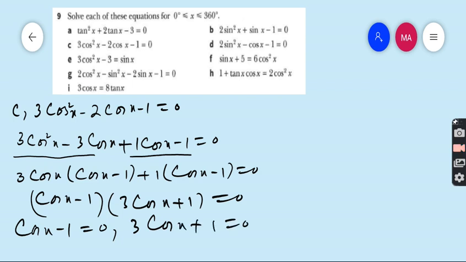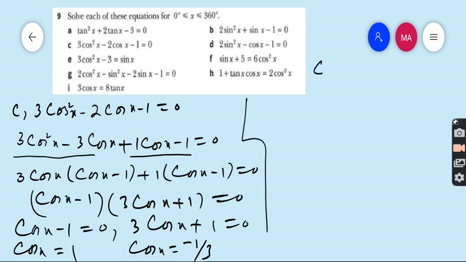Cos x minus 1 is equal to 0, 3 cos x plus 1 is equal to 0, and from here we will have cos x, move this 1 on the other side, it will be minus 1 and 3 should be divided. So we have two equations, one is cos x is equal to 1 and the other is cos x is equal to minus 1 upon 3.